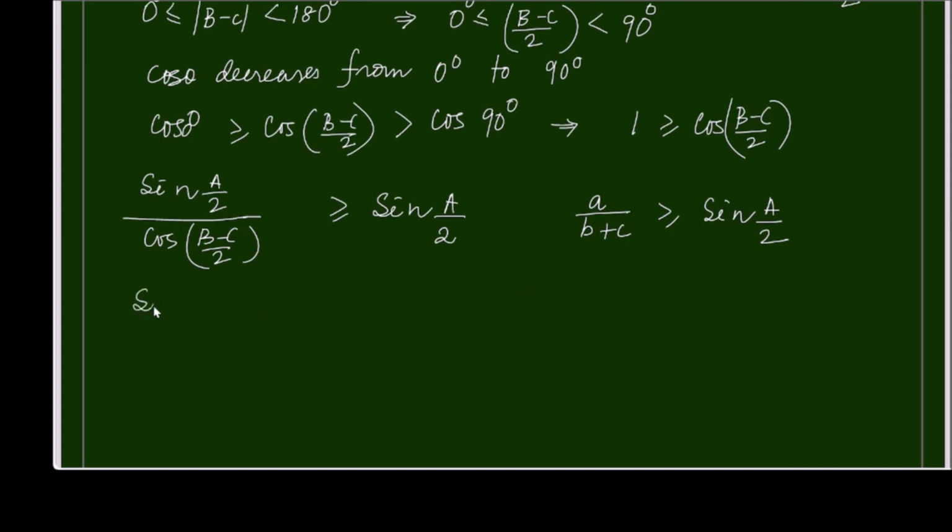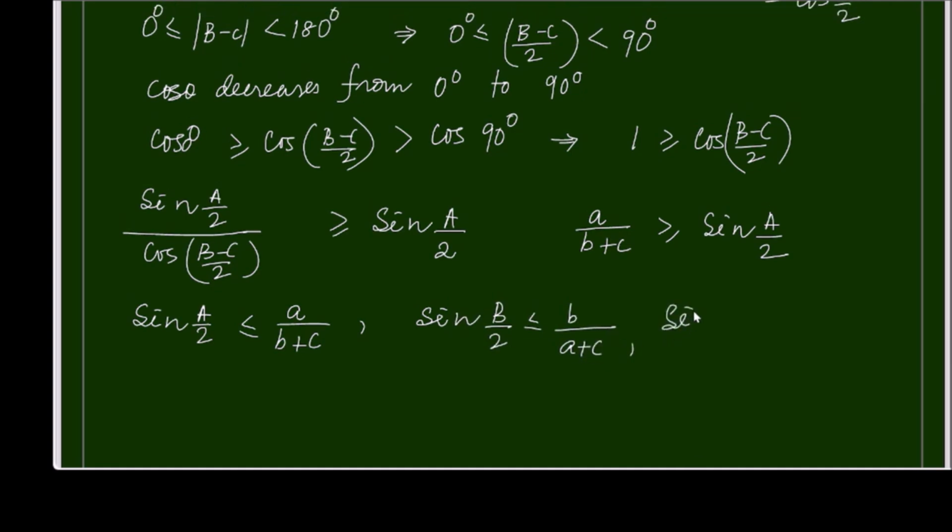So sine A by 2 is less than or equal to the ratio of a to b plus c. By symmetry we can write b by a plus c, and sine C by 2 is less than or equal to c by a plus b.